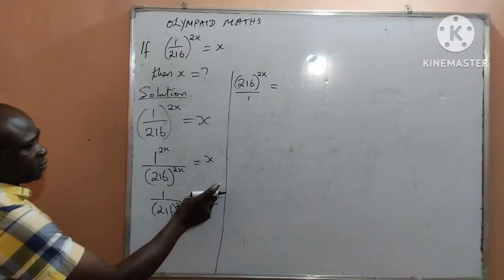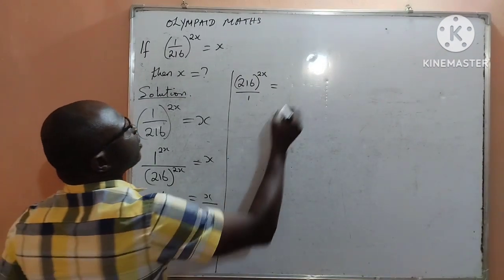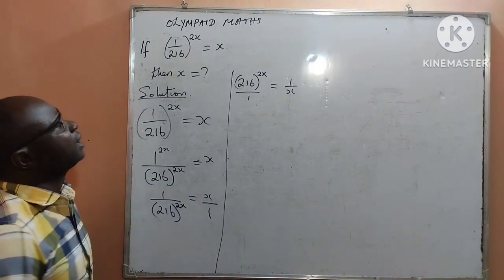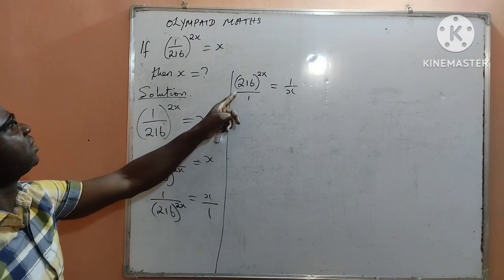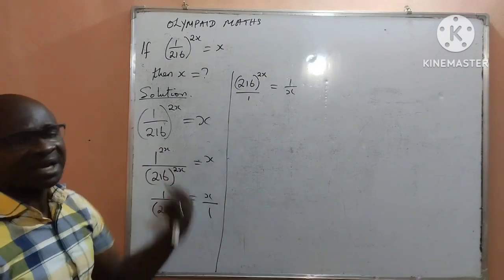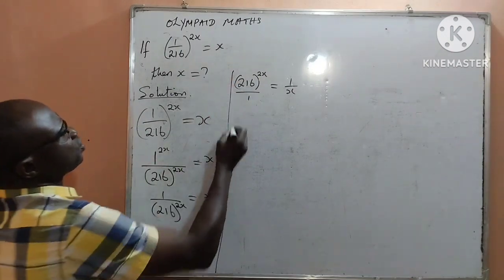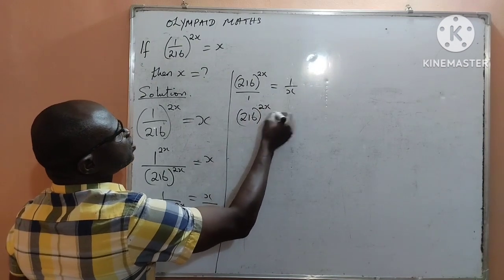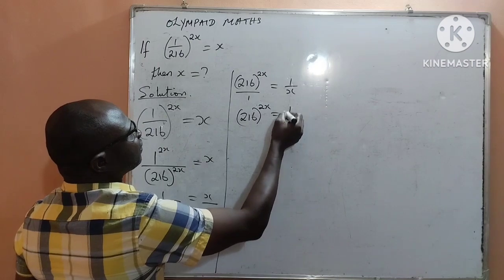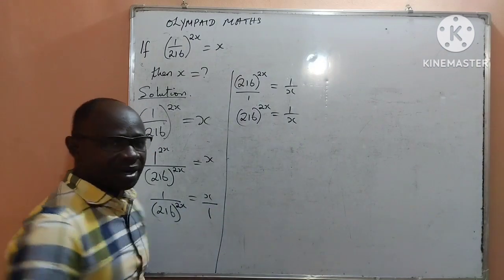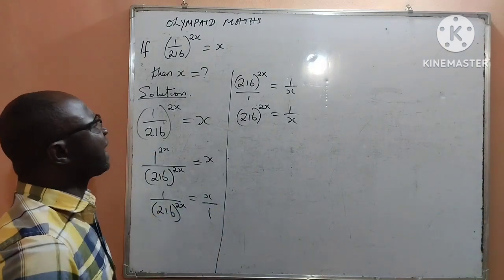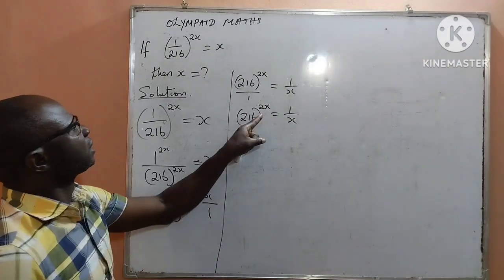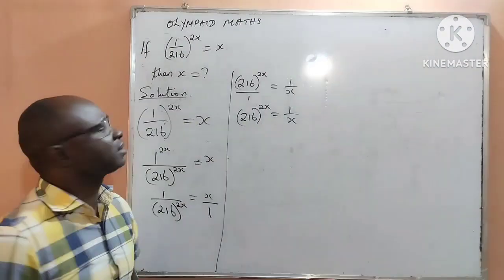On the right hand side, the reciprocal of x over 1 is 1 over x. Having done that, 216^(2x) over 1 is just 216^(2x), so I have 216^(2x) equal to 1 over x.